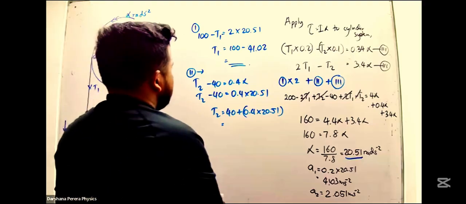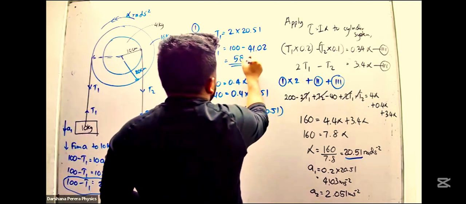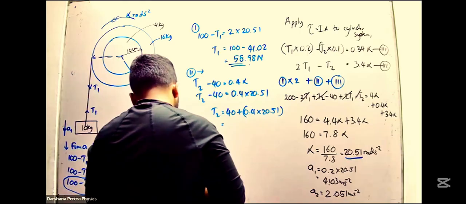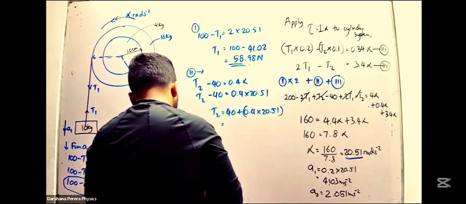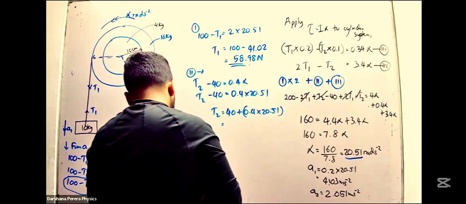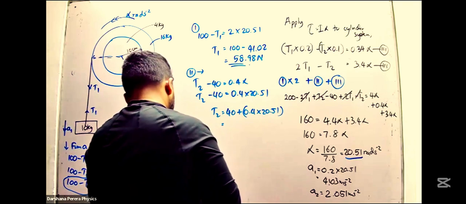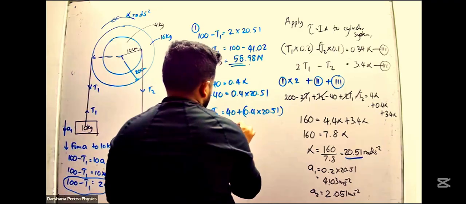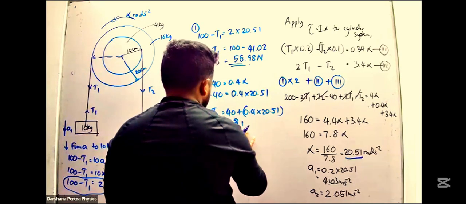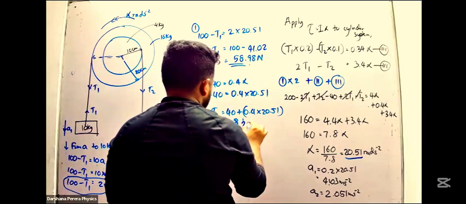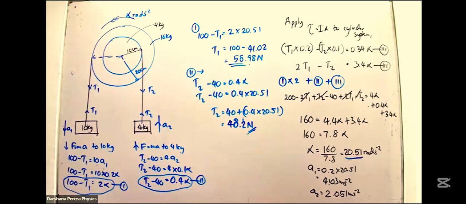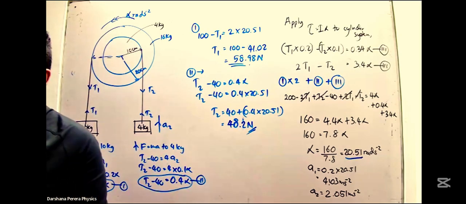T1 is 58.98 Newton and T2 is 48.2 Newton.